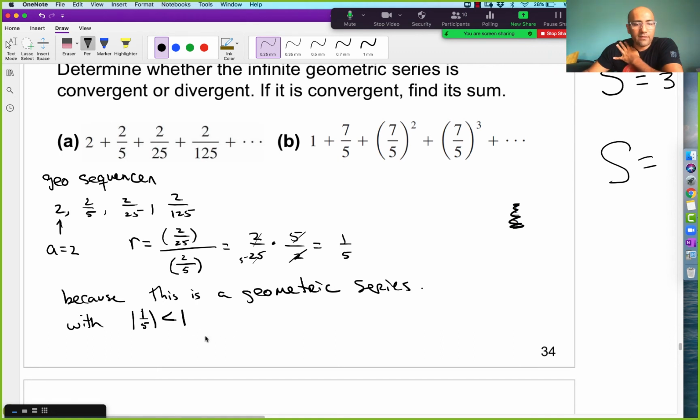So we have that 2 plus 2/5 plus 2 over 25 plus dot dot dot forever, for infinity here.